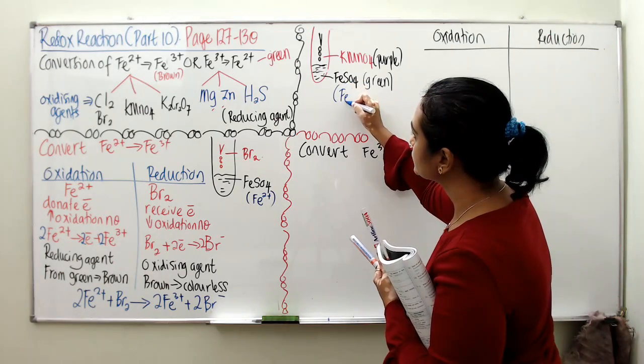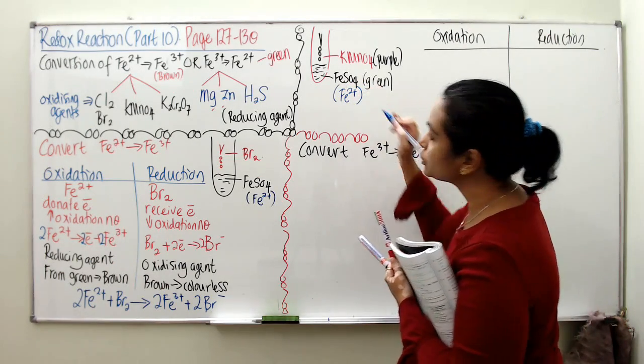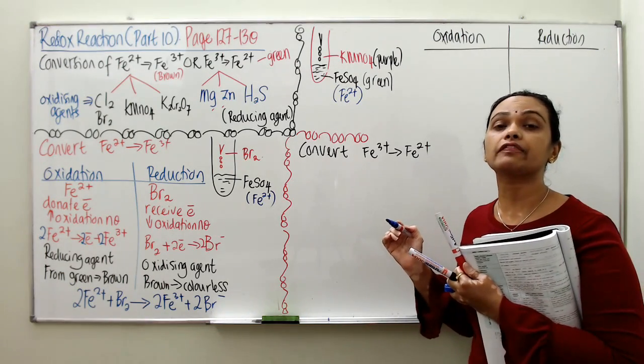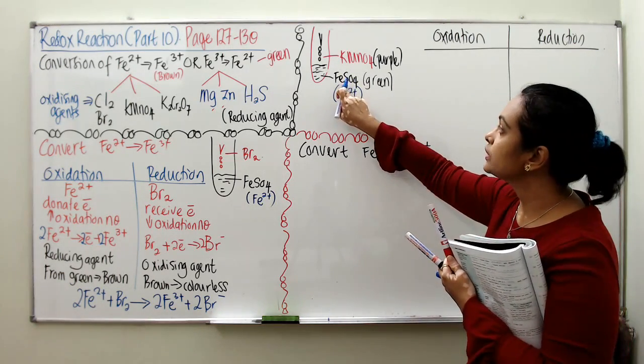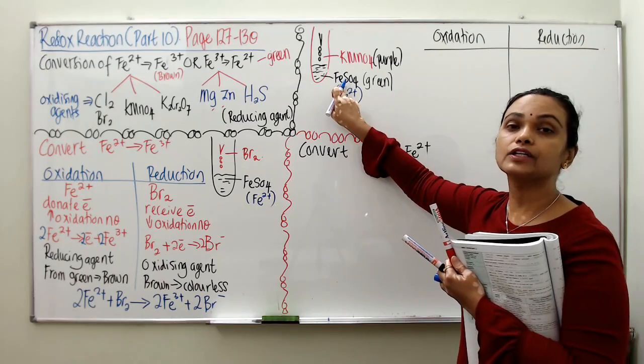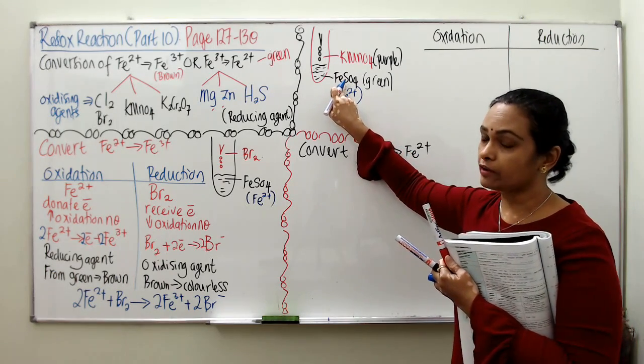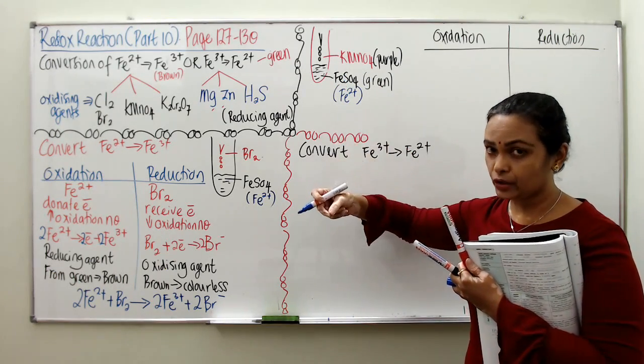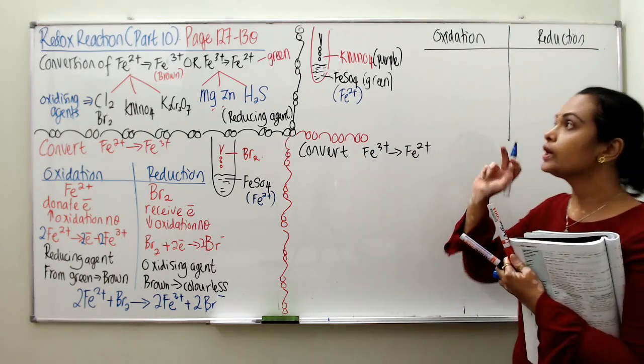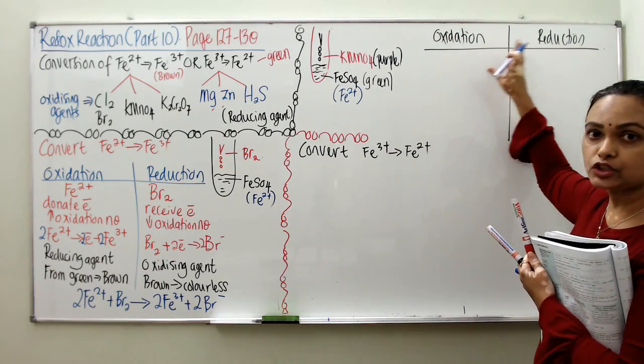So, as usual, Fe2+. How teacher managed to identify this is Fe2+ is because, can you see the molecular formula? Iron 2 sulfate, the iron 2 ion is involved. So, let's go to the redox reaction discussion.